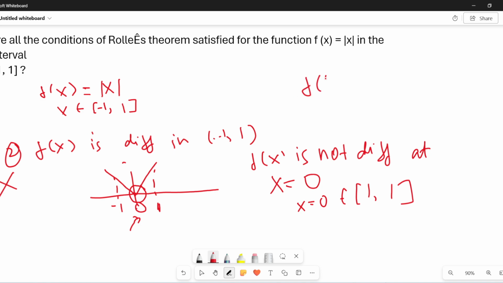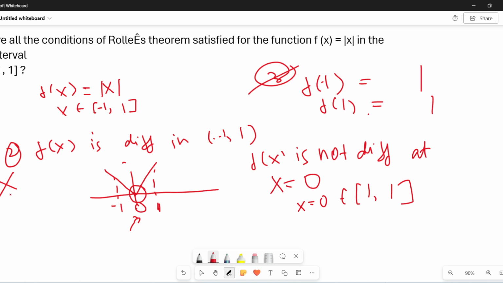The third condition: f(-1) gives 1, f(1) gives 1, so f(a) = f(b) is satisfied. But Rolle's theorem says the function must be continuous in the closed interval [a, b], differentiable in the open interval (-1, 1), and f(a) = f(b), then f'(c) = 0 for some c belonging to (a, b).